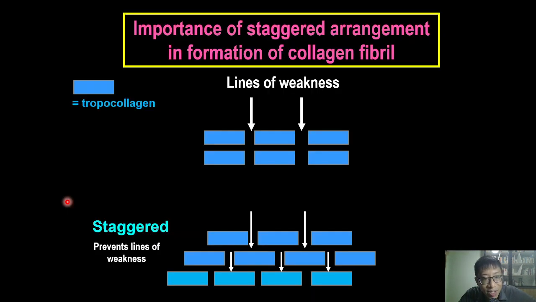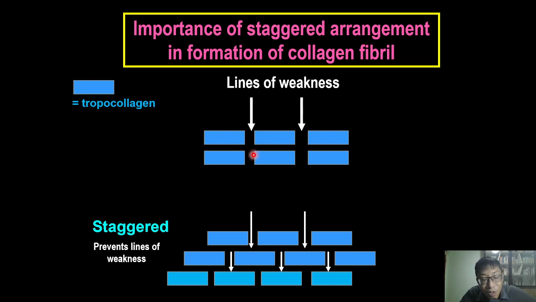staggered manner, right? So you can see here, each block is a tropocollagen, right? So staggered so that it prevents the lines of weakness in the collagen fibril. Unlike if the collagen is not staggered, then you will have all these gaps between tropocollagens.